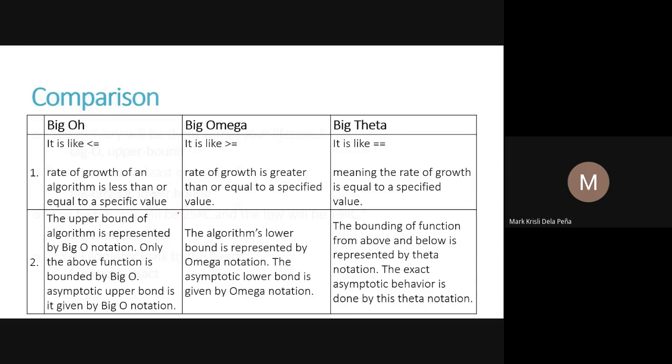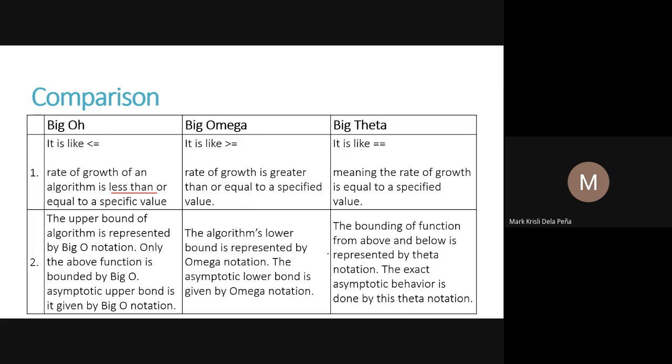Also, based on definitions, big O is like the function is less than or equal to g of n. Big omega is like the function is greater than or equal to g of n, while theta is equal. The function has a lesser growth rate compared to the big O, while in big omega it's the opposite, and so on.